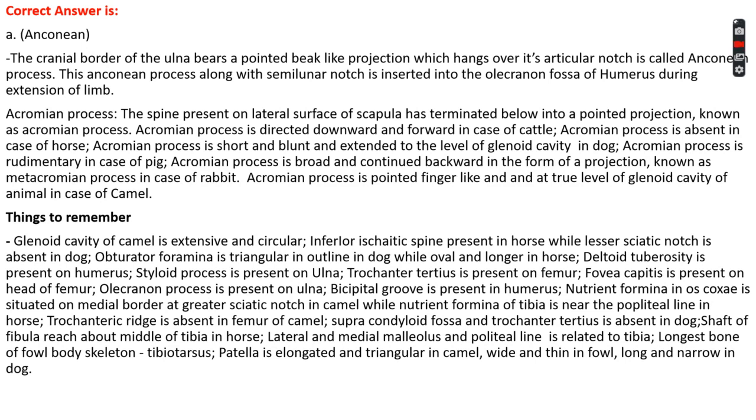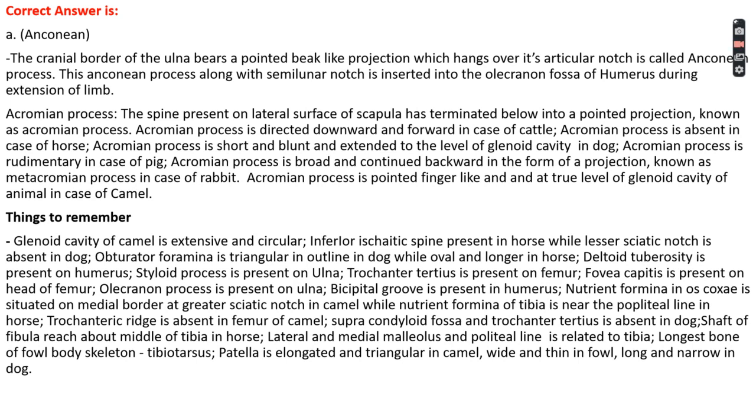This acromion process is directed downward and forward in case of cattle, and the acromion process is absent in case of a horse. Okay, and the acromion process is short and blunt, and it is extended to the level of the glenoid cavity in case of a dog.